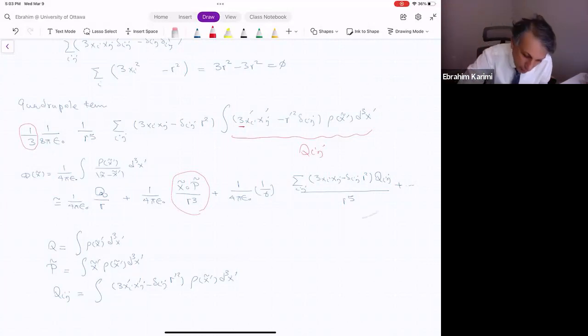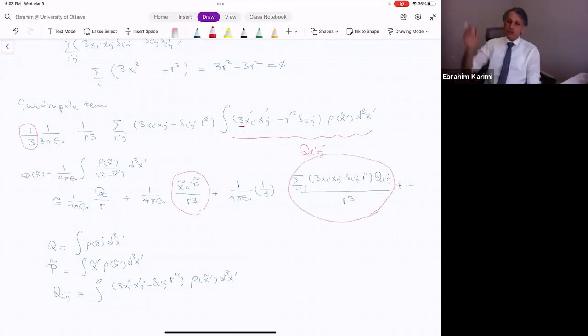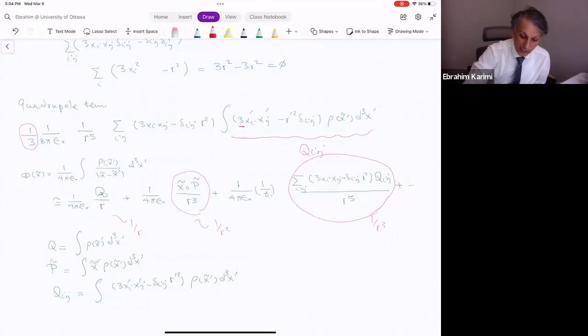If you look at that one, that is going to be x times x divided by r power of 5. That will be r power of 3. So essentially, this is order of 1 divided by r. That's order of 1 divided by r power of 2. That's going to be r power of 3, and so on. Okay? So remember, those are the expansions that people are looking for.